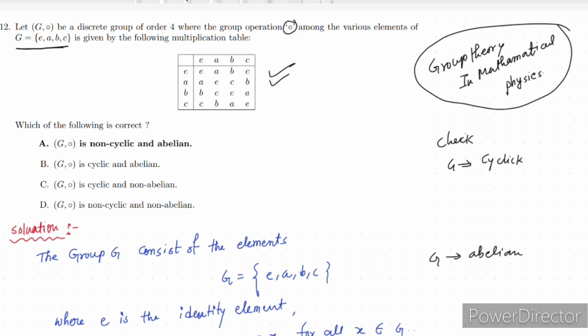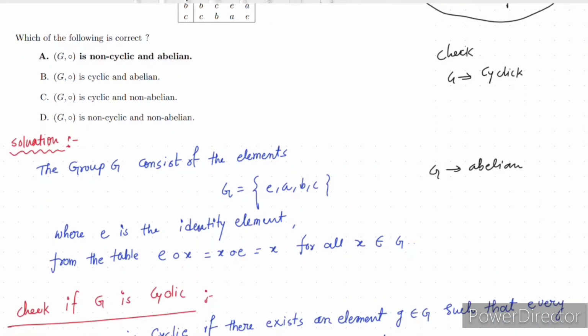So for cyclic, what do we do? Here the group G consists of the elements E, A, B, C, where E is the identity element.